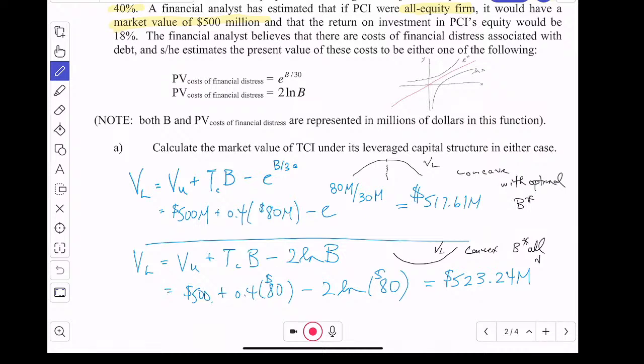I take the first derivative of this function. Wait, I need to get my numbers right. So remember, it's 500 million for the unlevered firm value and TC. I leave the B, the B is my choice variable, so I don't fill that in.